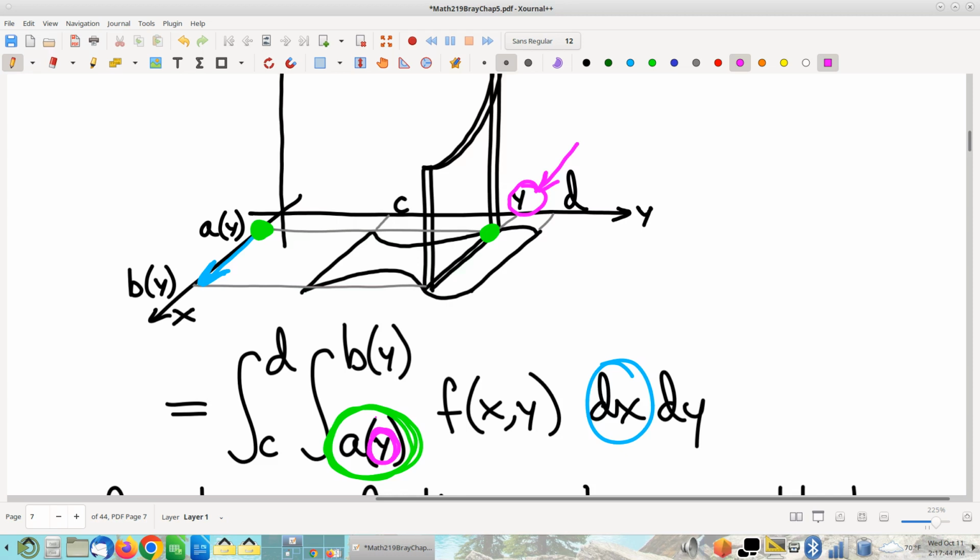But if y were a little different, let's look at a value of y over here where y is smaller, then notice my starting value of x would be over there. It'd be a different starting point. That's it. It's the only difference. Go ahead and likewise the ending points.